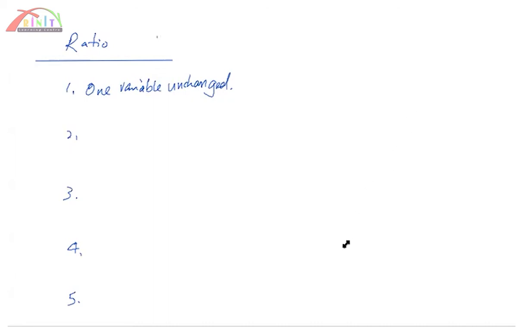Let me just resize everything. All right. The second kind of question is known as total unchanged, or unchanged total, as some of you called it. And the third kind is called difference unchanged.